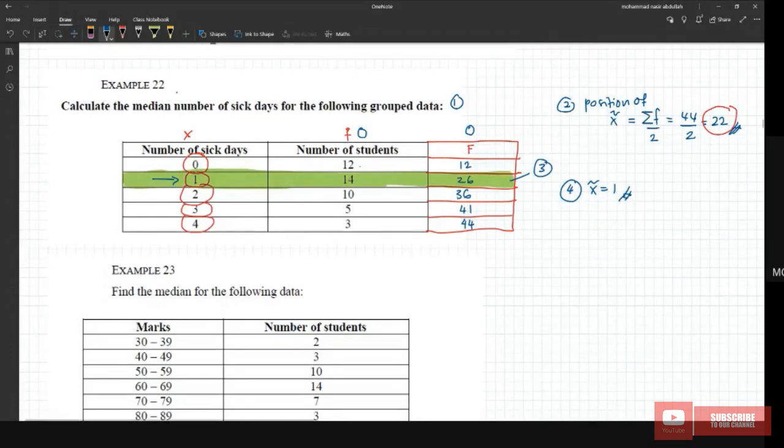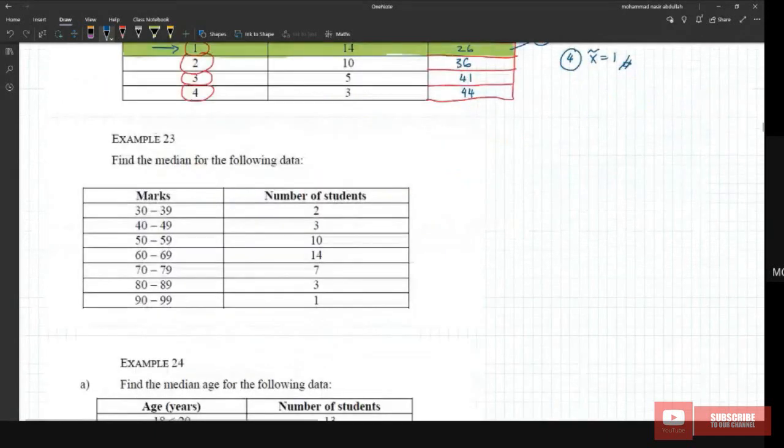Now look at example number 23. Now we have a class size. We have intervals in a class, with a lower class limit and upper class limit.